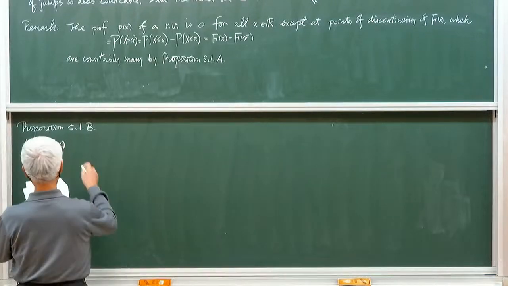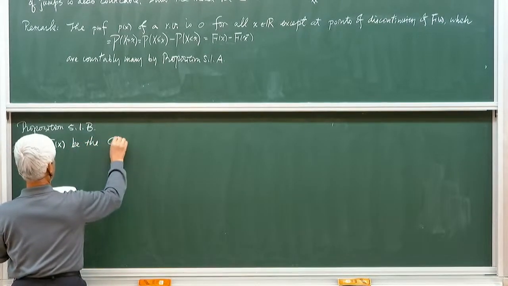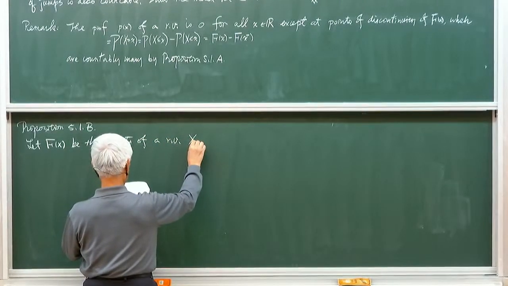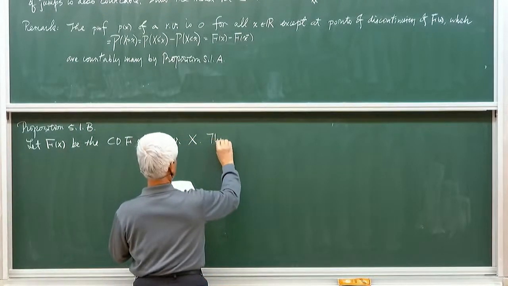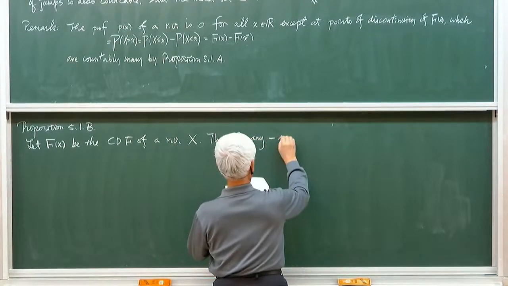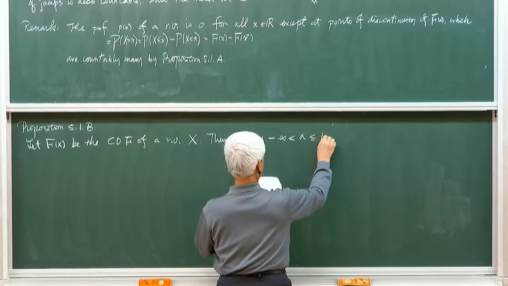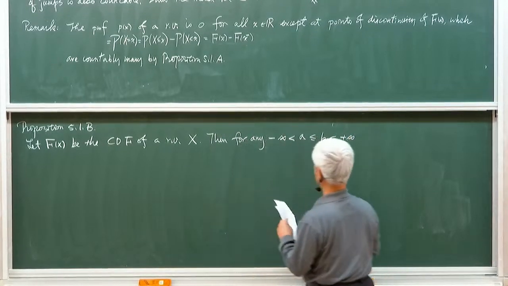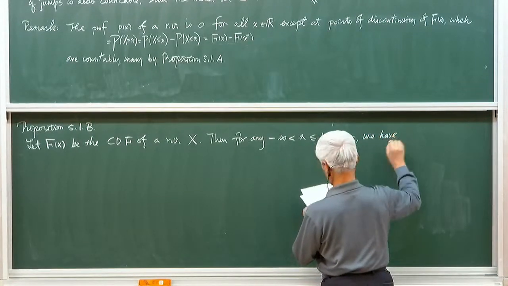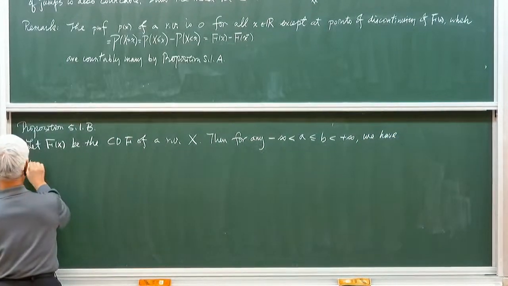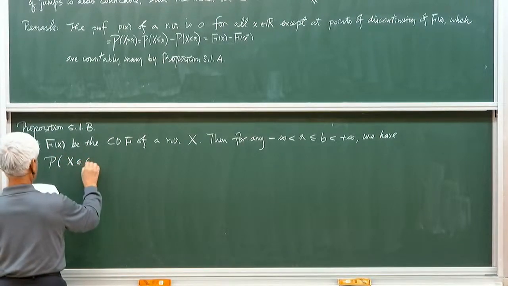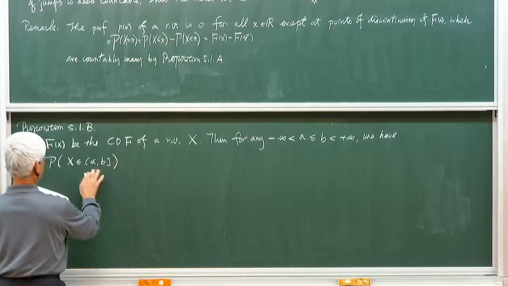Let F be the CDF of a random variable X. Then, for any a, b between minus infinity and plus infinity, we have, one, the probability that X is in this half open, half closed interval.